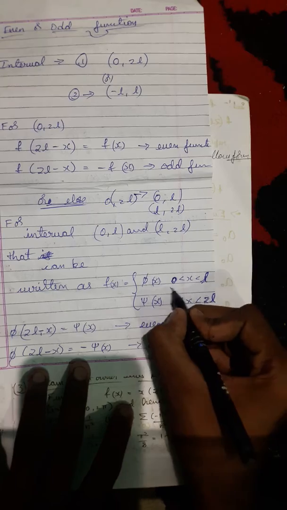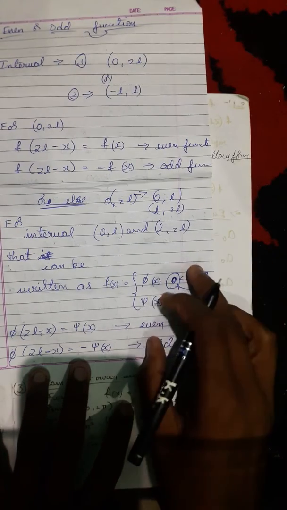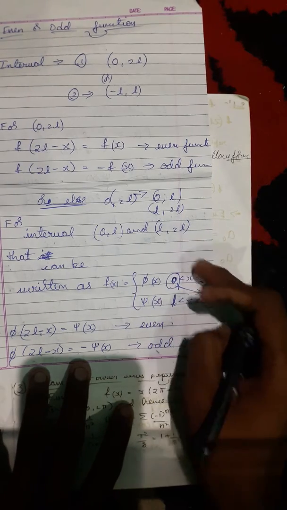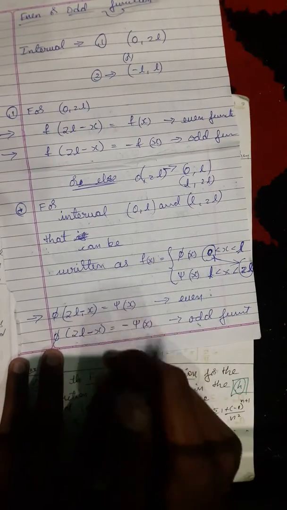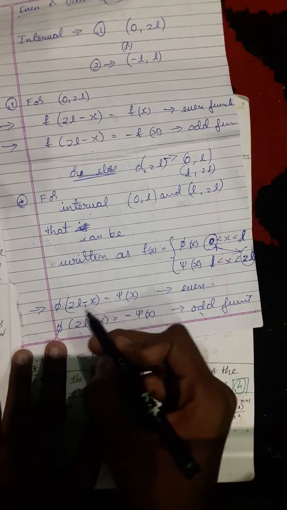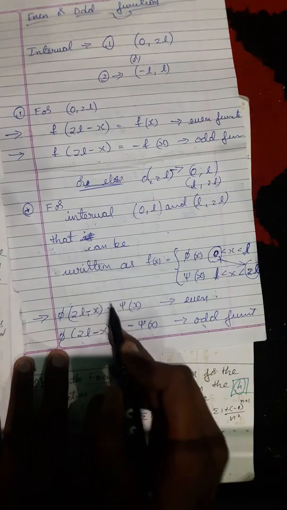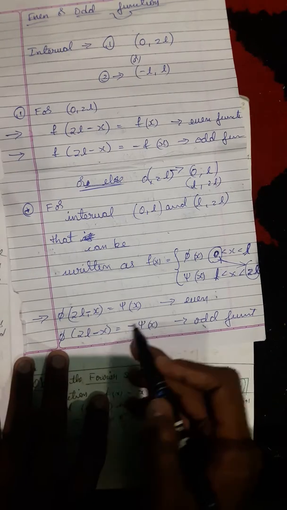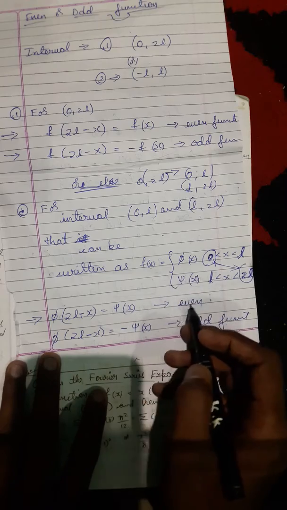So 0 to 2L is split into two halves, an upper half and a lower half. If it comes this way, we solve using this formula: phi of 2l minus x should be psi of x in case of an even function, and phi of 2l minus x should be minus psi of x in case of an odd function.